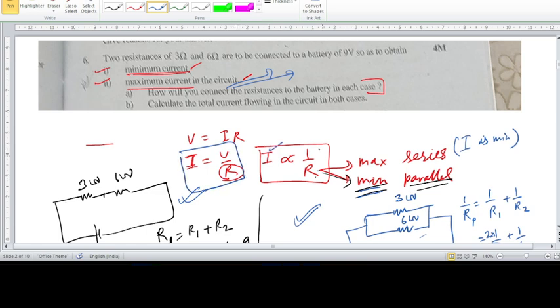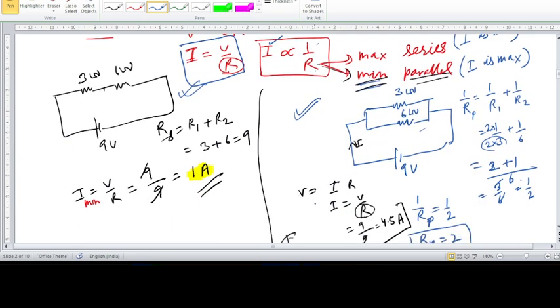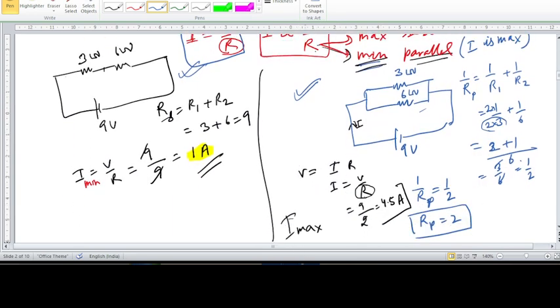I is inversely proportional to R, and here I is maximum because resistance is minimum. I hope you got it. I have calculated the total current flowing in both cases: 1 ampere and 4.5 ampere. I hope you got it.